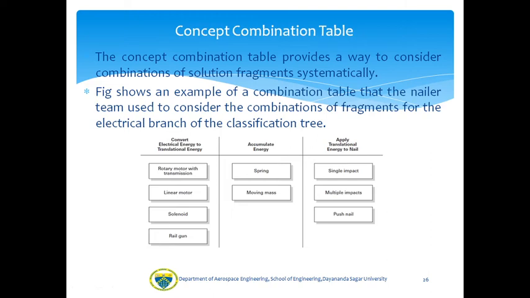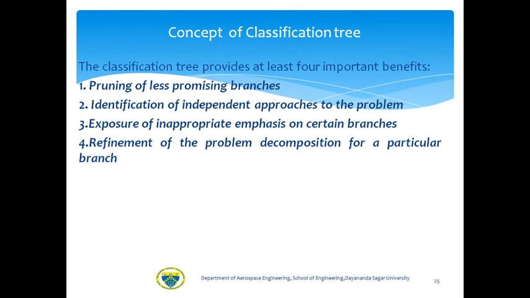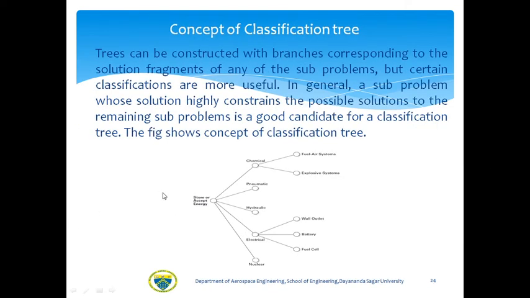Okay, so just for example, here he is showing the picture where he is converting the electrical energy to translational energy, and accumulate energy and apply translational energy. Sometimes what you need to look at is, suppose you have come up with something here, you have selected some alternative, but probably you have some constraint to use that alternative.